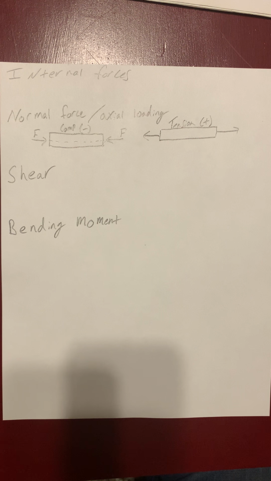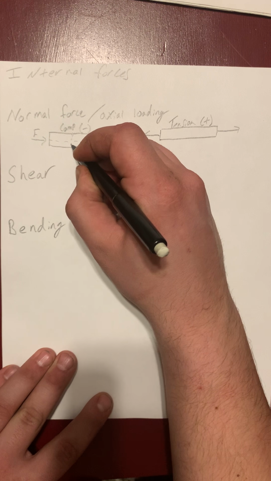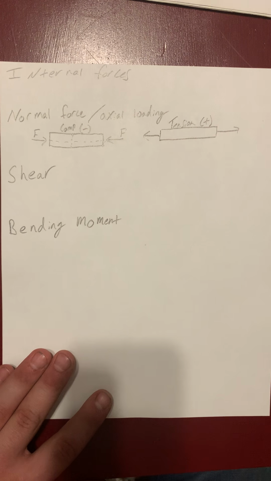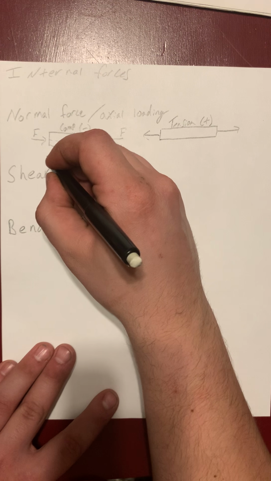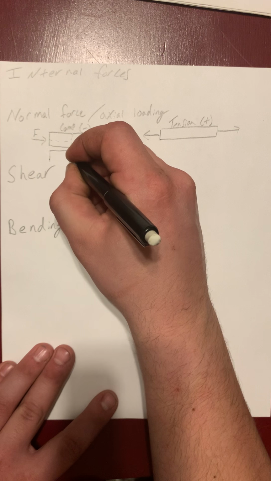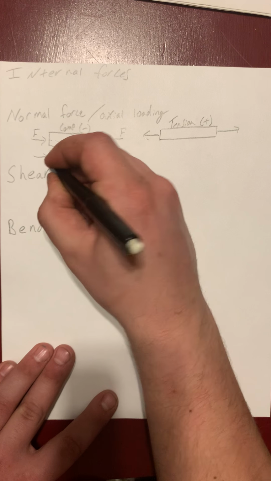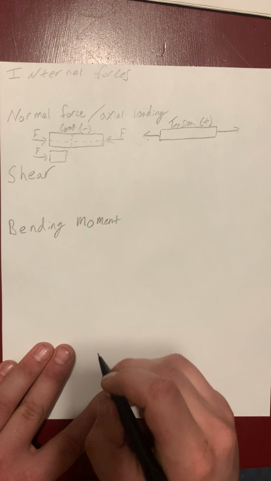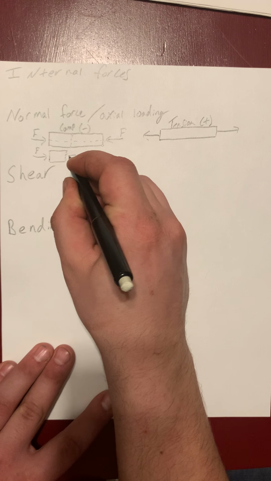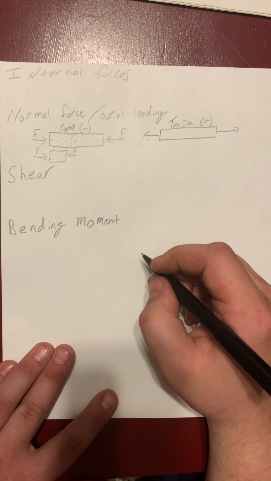Now if we take these members here and we split them in half, we've done this with trusses, when we talk about compression and tension. And we draw this left half of this beam here. It has a force going to the right. It has to have an equal and opposite internal force going to the left.